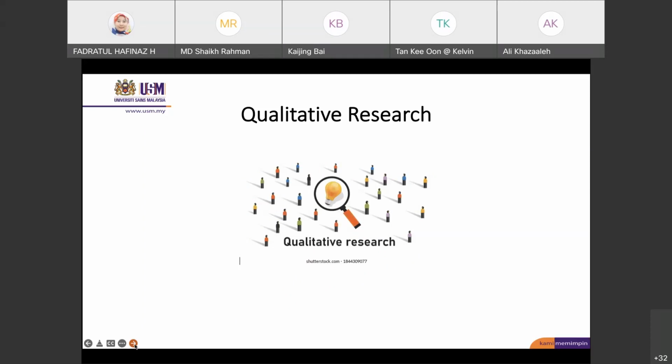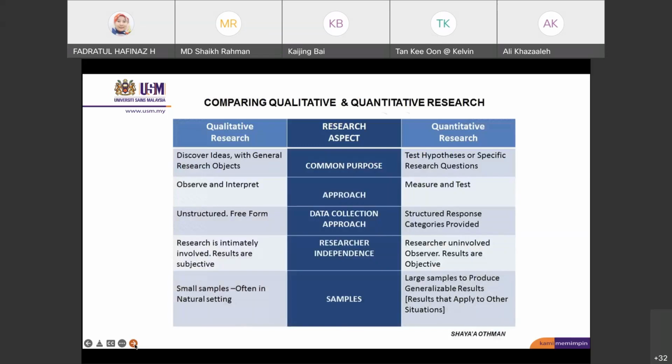It will produce ideographics, a description of individual things or people, and usually collects evidence or data through unstructured interviewing, observation, participant observation, or content analysis, which is more on the description of the data. So here are basically the differences between qualitative research and quantitative research.